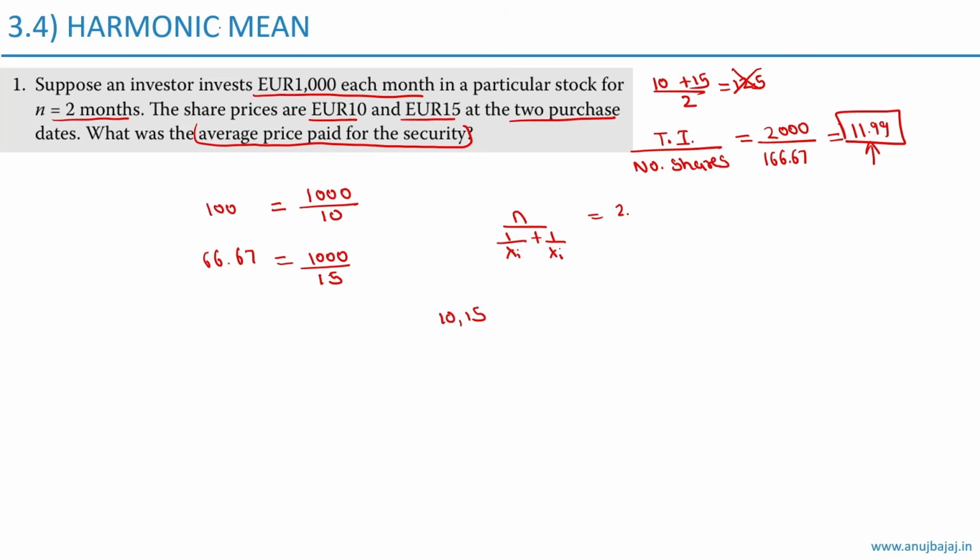So 2 divided by the sum of the reciprocals of the observations, which is 1 by 10 and 1 by 15, which will give us 12 euros. So as you can see, the answers are the same. So this is one major application of harmonic mean, where we use the harmonic mean formula to find the average price paid for the security.